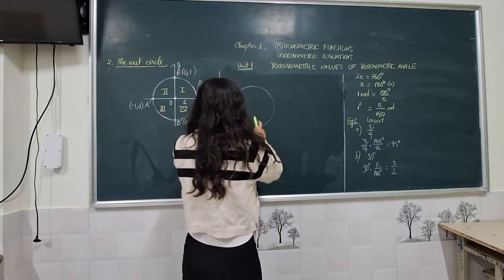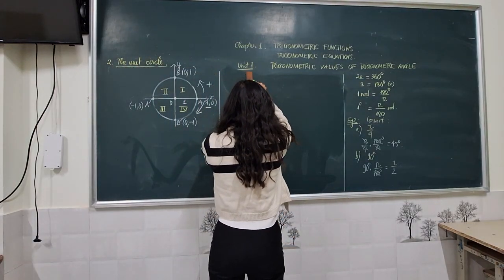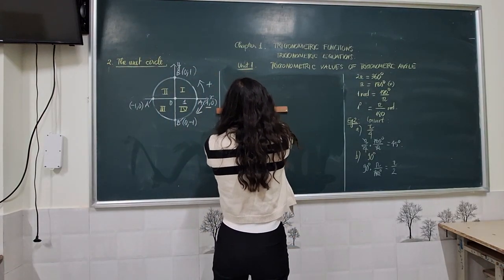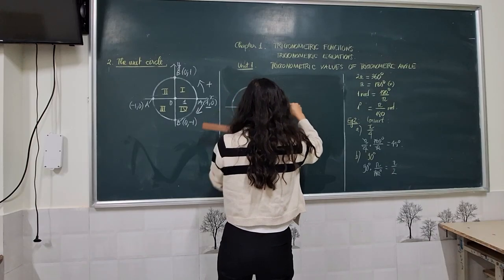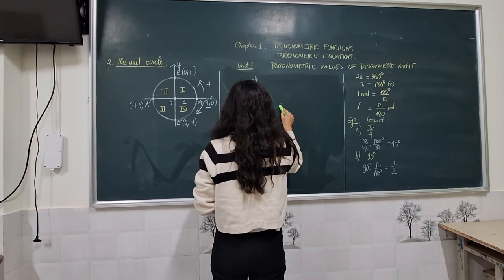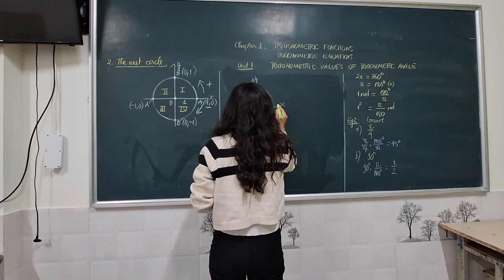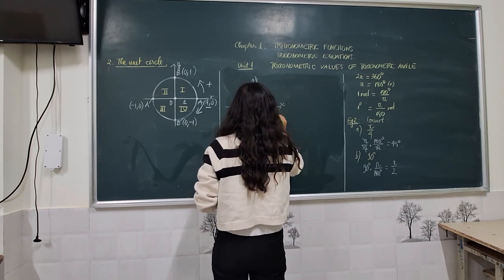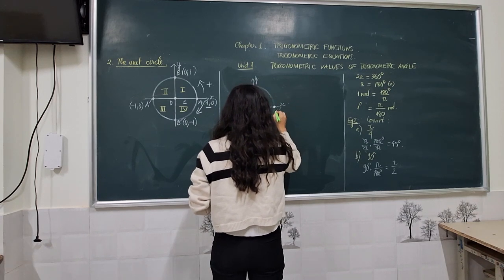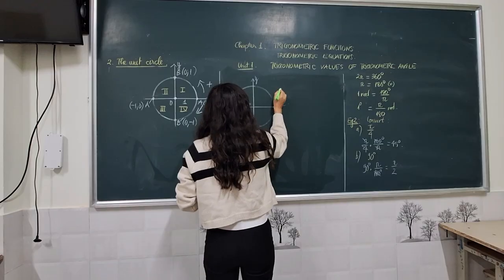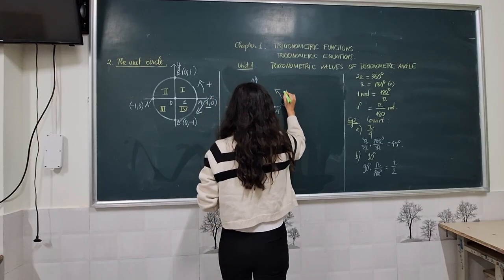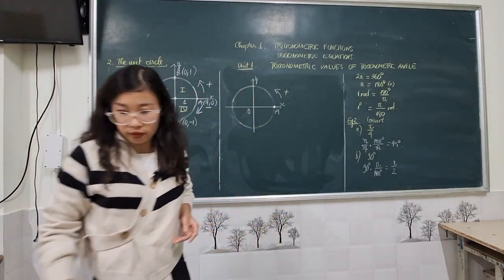I have the initial point A, and counterclockwise is considered the positive direction.